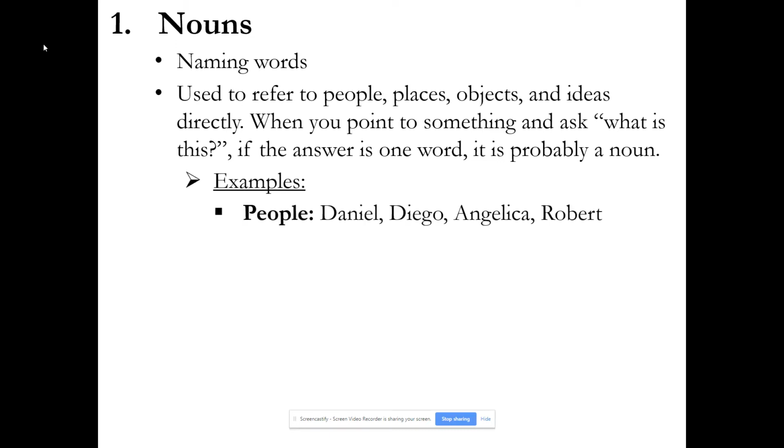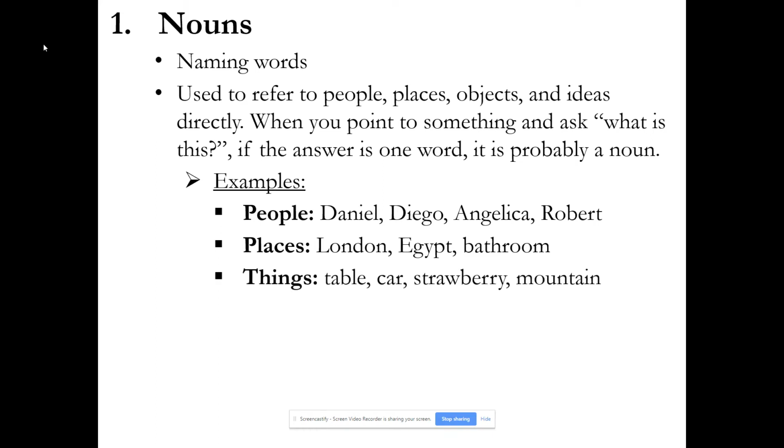More examples. For people, names: Daniel, Diego, Angelica, Robert. Also, there are words that refer to people but aren't their names, like teacher or lawyer or student. Also, places: London, Egypt, proper names. Also, places like a bathroom or a backyard.